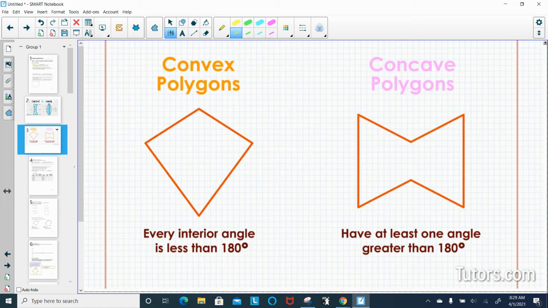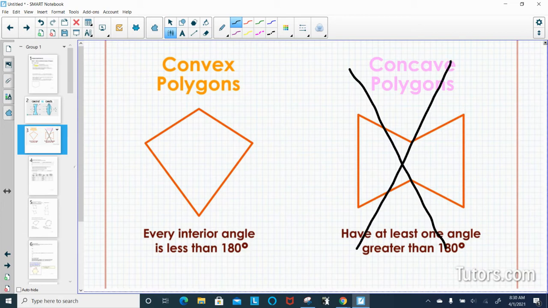But when we talk about concave, you could have at least one that is bigger than 180. I'm not saying that concave is bad, but what I am here to tell you is that we are only going to be focusing on the convex polygons.